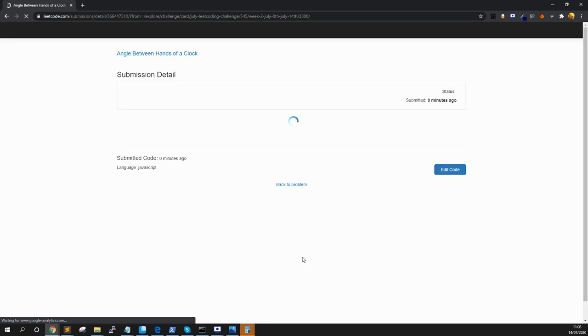Bit more loading. Okay. Well, that's forever. Was that slow as a solution? I'll make sure.